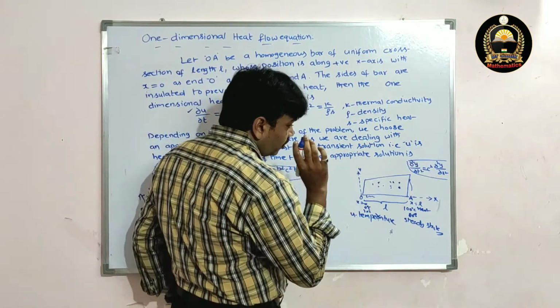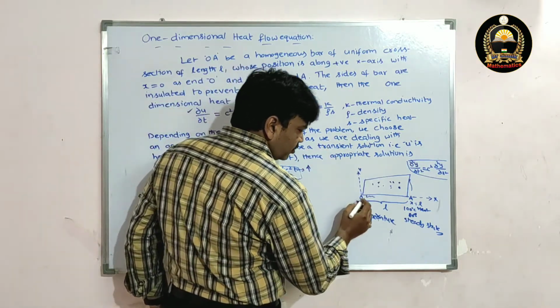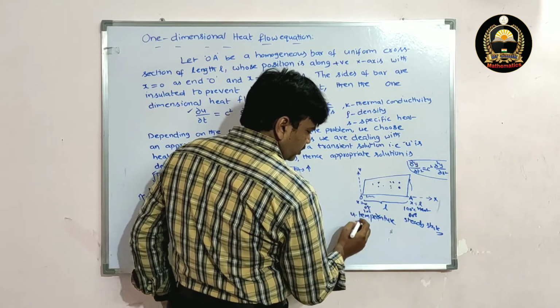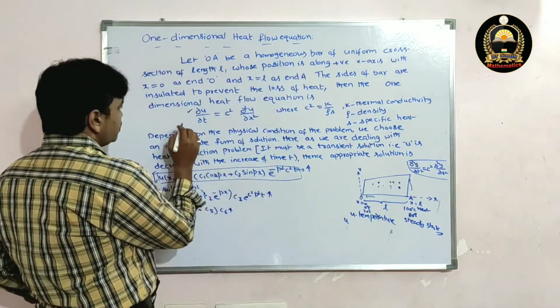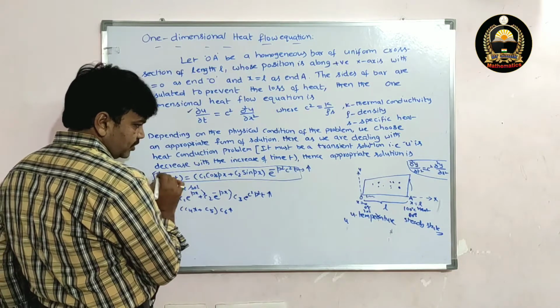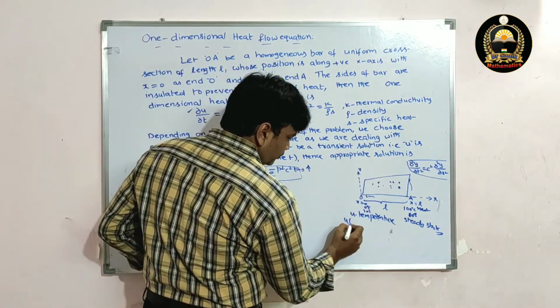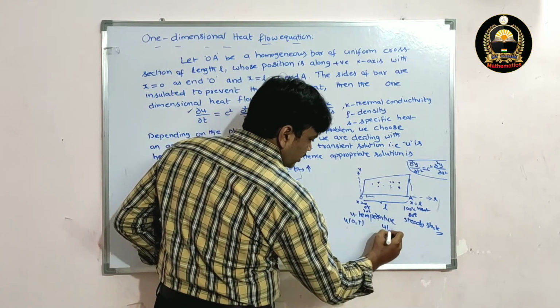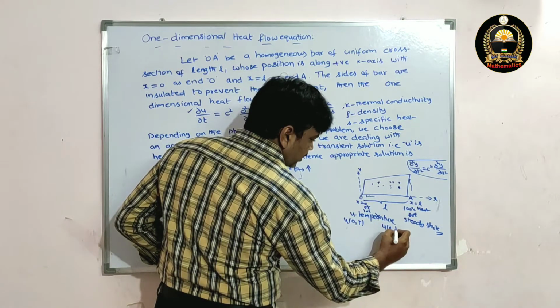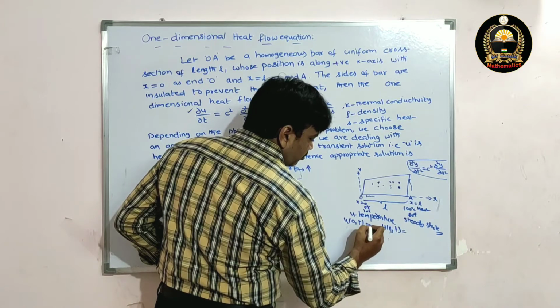We need boundary conditions. We know the length. u is a function of x and t. What is x at one end? 0, at any time t. What is the other end? L. x is L at any time t. These two are boundary conditions, students.